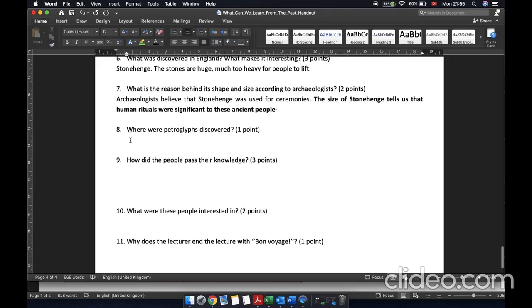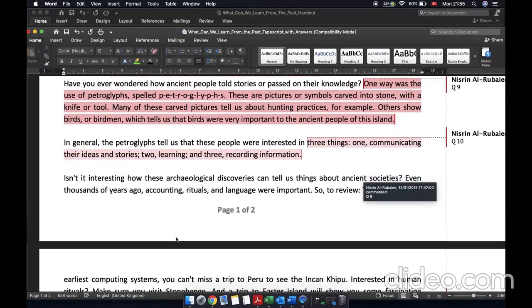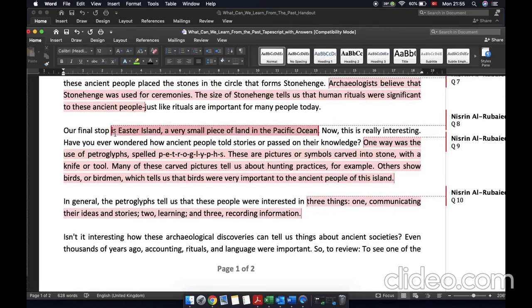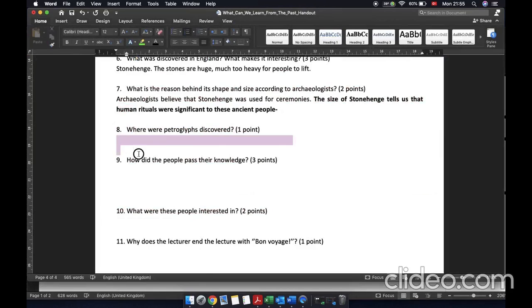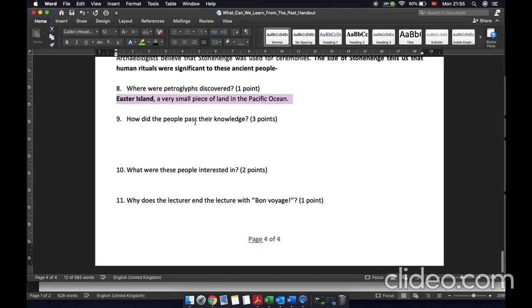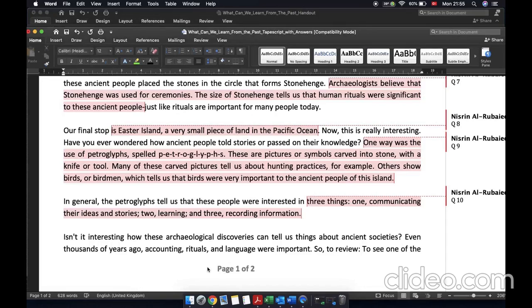And next, where were petroglyphs discovered? Let's check here. Our final stop is Easter Island, a very small piece of land in the Pacific Ocean. So petroglyphs were discovered on Easter Island, a very small piece of land in the Pacific Ocean. How did the people pass their information, their knowledge?